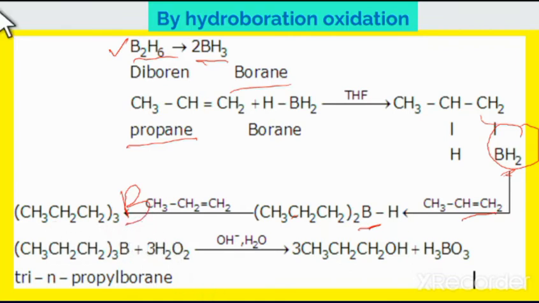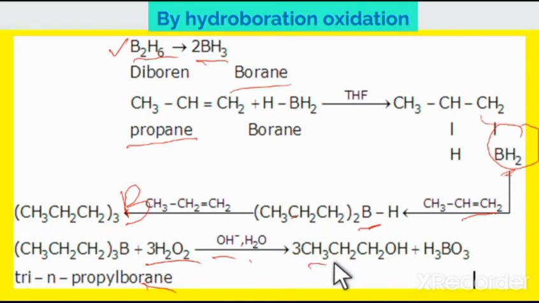Now this compound, tri-n-propyl borane, undergoes hydrolysis in the presence of hydrogen peroxide and a strong base like sodium hydroxide.